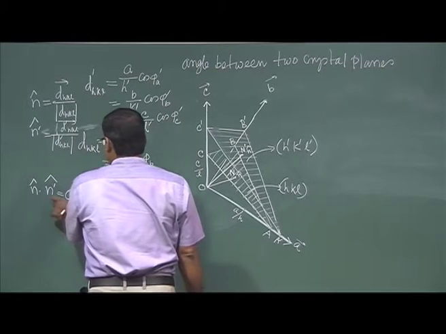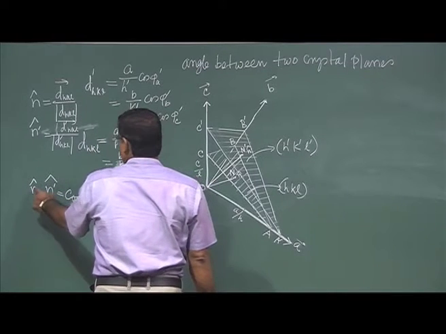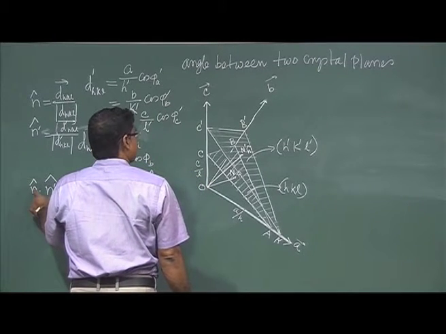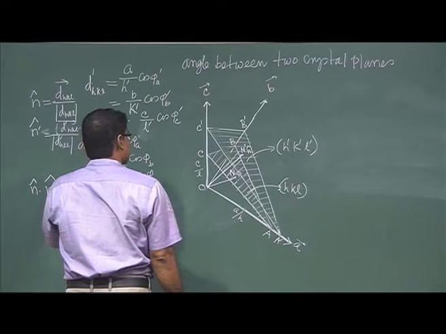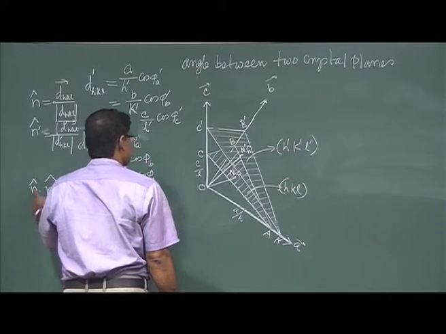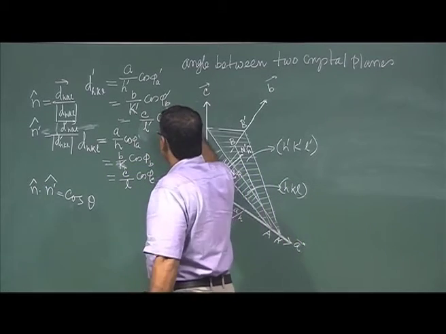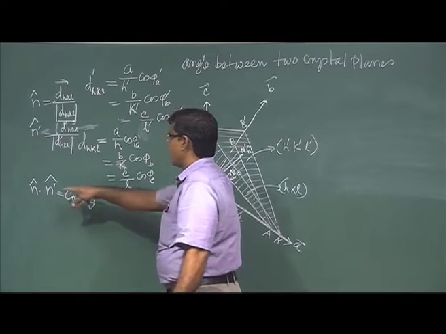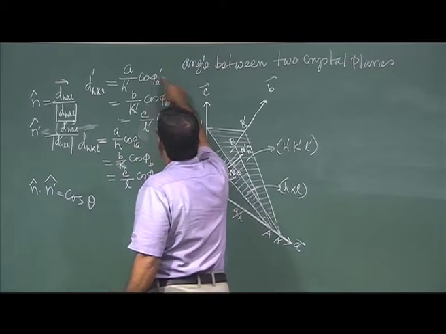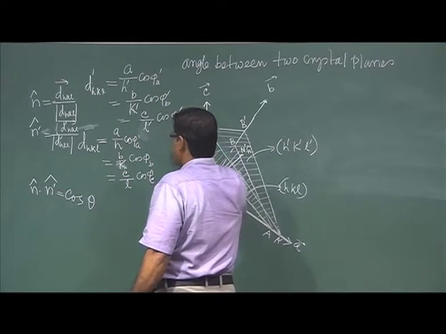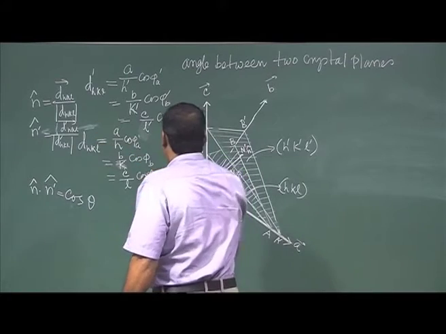So, for unit vector n and unit vector n dash, the direction cosines are cos phi a, cos phi b, cos phi c, and for the other one cos phi a dash, cos phi b dash, cos phi c dash. Okay.